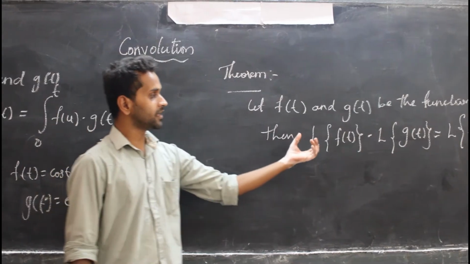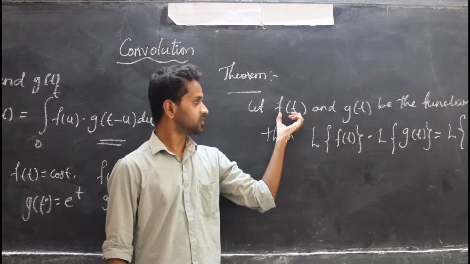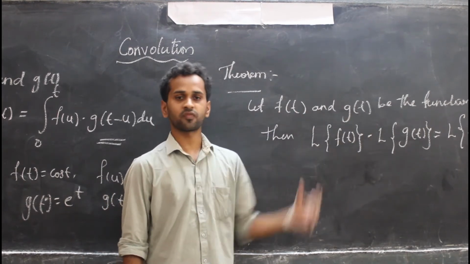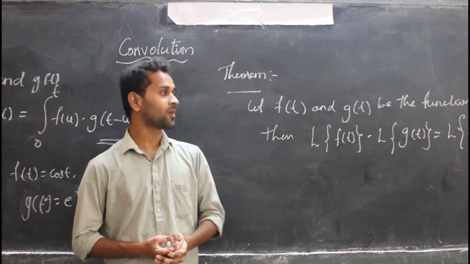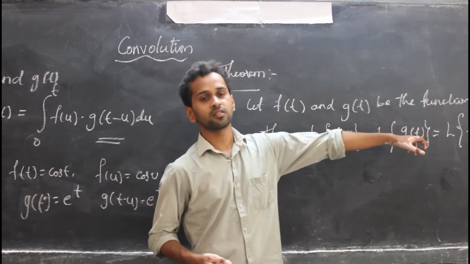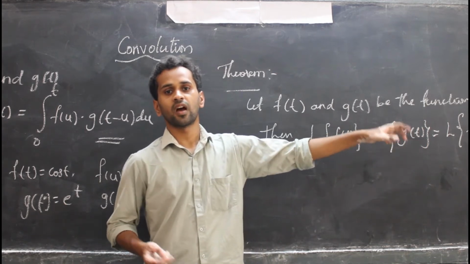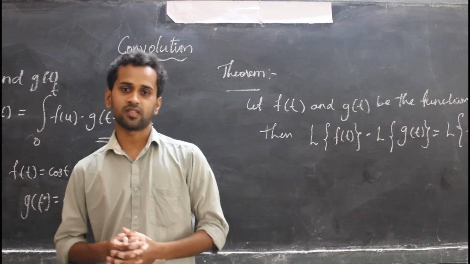So here we find the Laplace transform of f(t) and the Laplace transform of g(t) and do the normal multiplication. That will be the same as finding the convolution between f(t) and g(t) and then finding the Laplace transform of that.